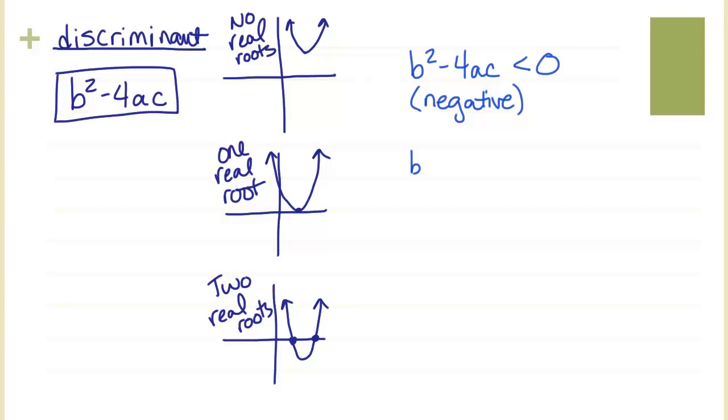When this results in exactly 0, then you have one real root. When that's its value, you have one real root. That's when you have a perfect square trinomial.